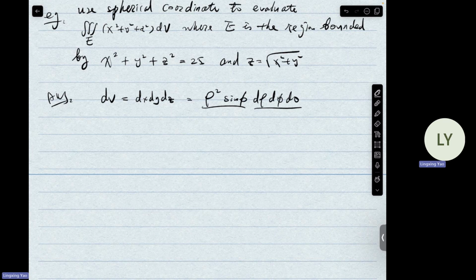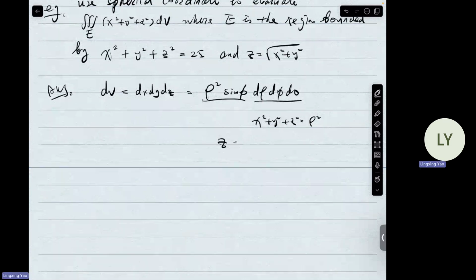Also remember, x squared plus y squared plus z squared equals rho squared, and for the surface z equals the square root, using the conversion for spherical coordinates, we find that z is rho times cosine phi.